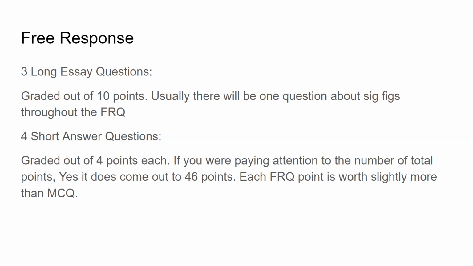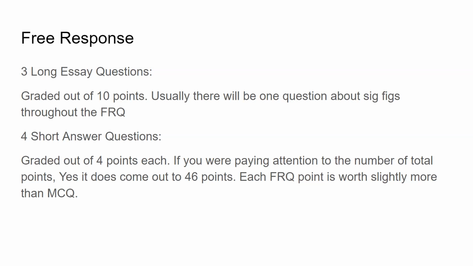Every time you write a response, with the long essay question there'll be parts A, B, C, D. Once you answer the first question, they'll usually look for something like significant figures, or whether you address a certain point. If it was the ideal gas law, they might want me to write out PV to show that I know what I'm doing and it's not a random guess. So what's very, very important about doing the free response is making sure your work is clear.